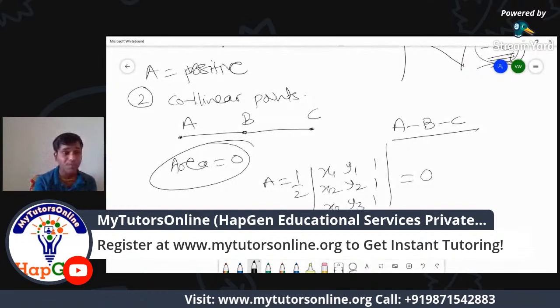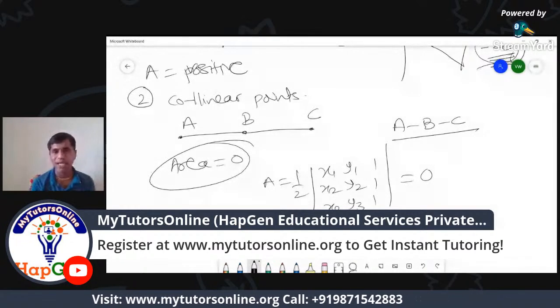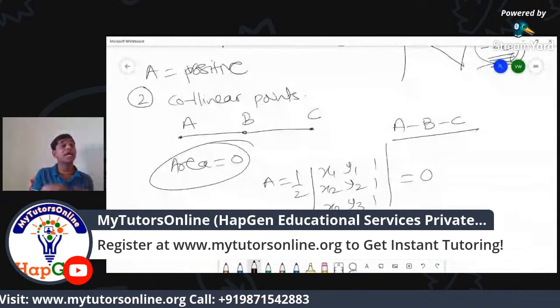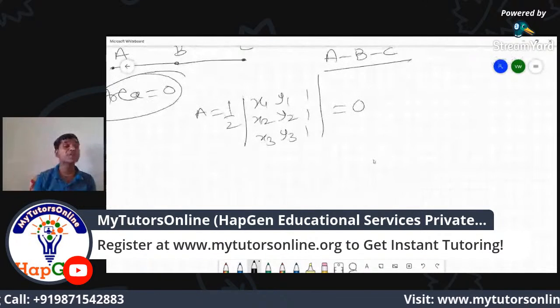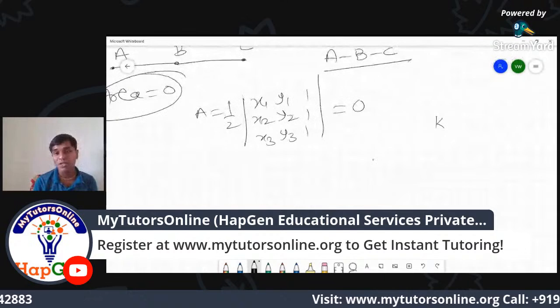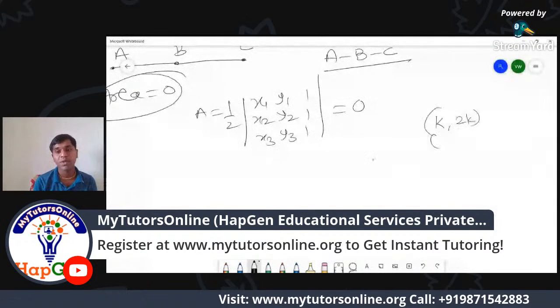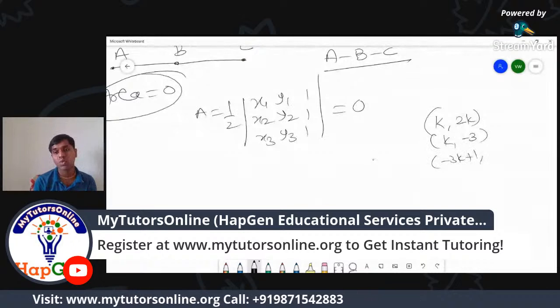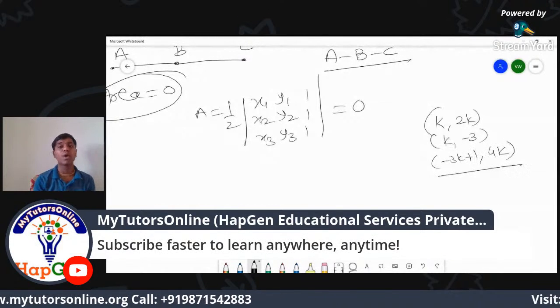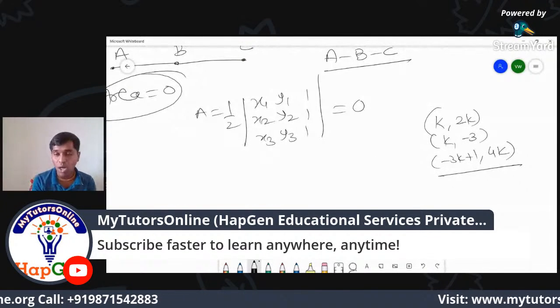So the first is area of triangle. If area of triangle comes 0, then you can safely say that they are collinear points. Now there is another method also. They will say k to k, k minus 3, minus 3k plus 1, 4k. These 3 points are collinear. Find out the value of k. What you have to do?